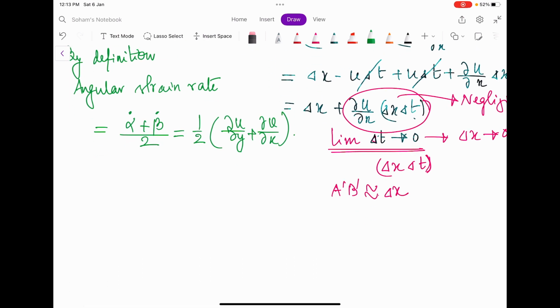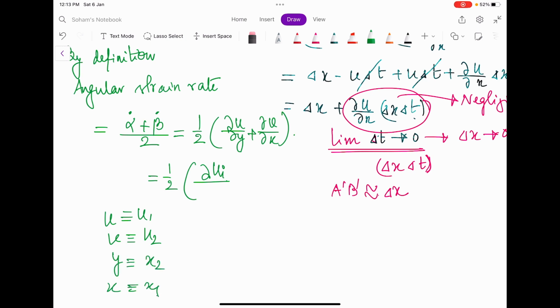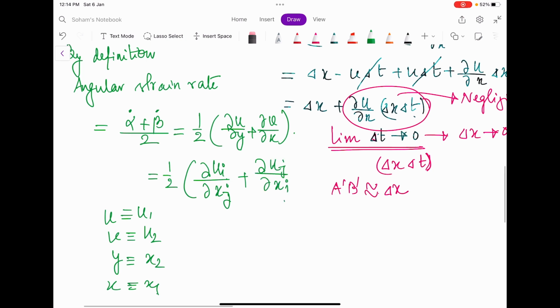In index notation I can write it as half into del u_i by del x_j. If it is u and v, then u is equivalent to u1, v is equivalent to u2, y is equivalent to x2, and x is equivalent to x1. So it is essentially del u1 by del x2, and then plus del u_j by del x_i.